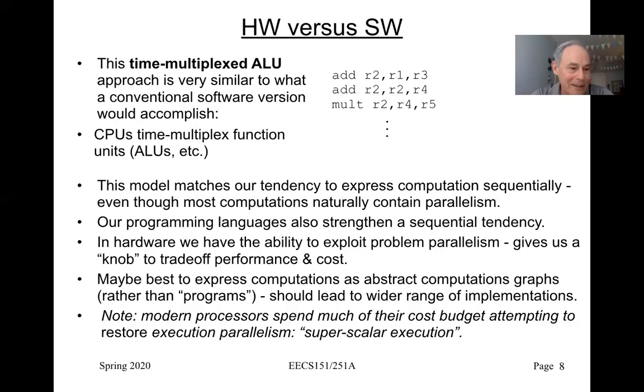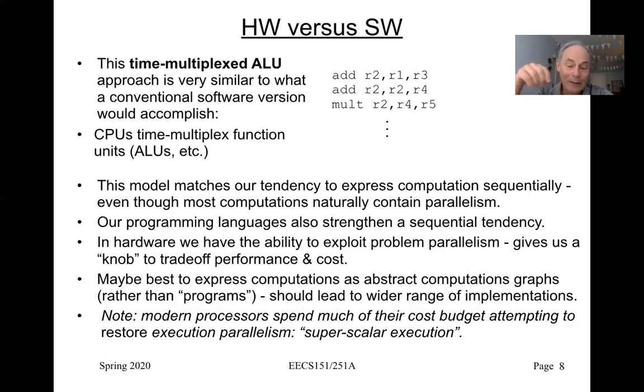And in fact, it's easier to sequentialize or serialize a computation graph than it is to extract parallelism from a sequential program. A lot of researchers have spent a lot of time trying to build compilers or other tools that can automatically extract parallelism, and it's difficult.